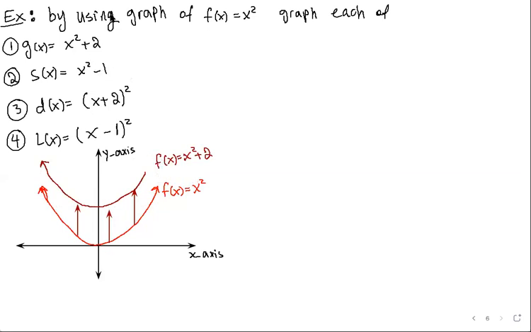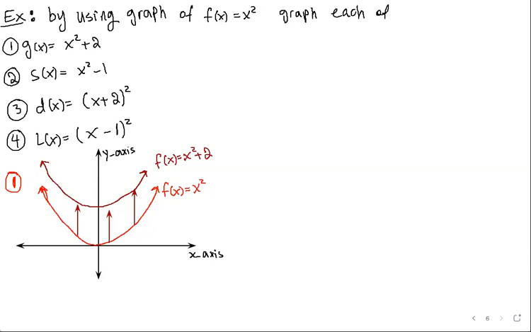For the second one, who will do the second one? Second part of the example. Here, number 2, s of x. Tell me how it is shifting the f of x equal x squared, the original one.